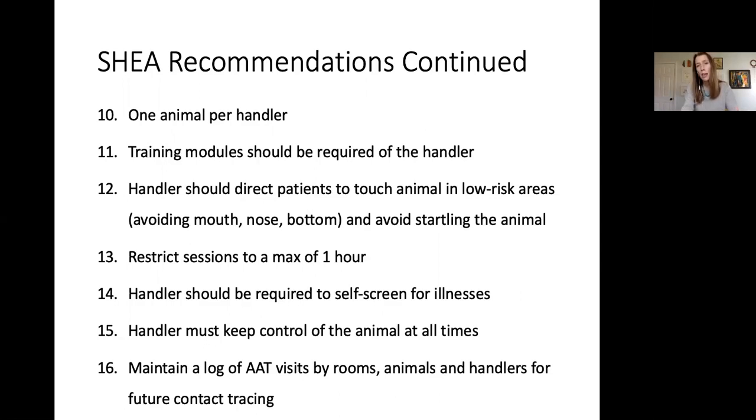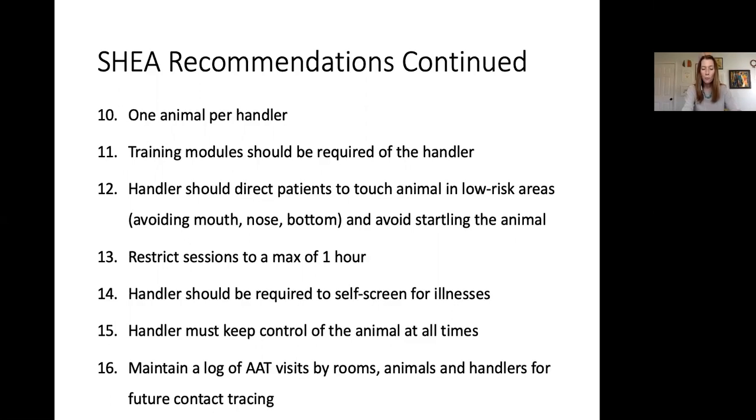Also body language of an animal, to make sure that an animal is happy to be there and isn't overstressed or in pain. We want to make sure that if an animal is agitated, that they can be removed from a situation so that they don't pose a risk or become injured themselves. And they should also be trained on how to record and manage contact information should there be an emergency or any kind of tracing that needs to be done.